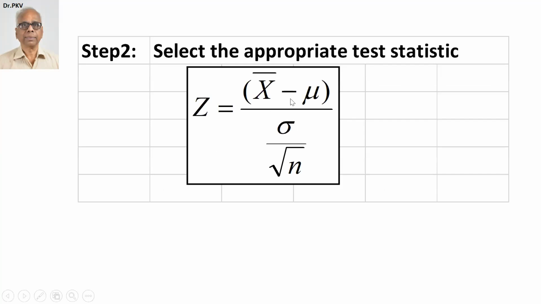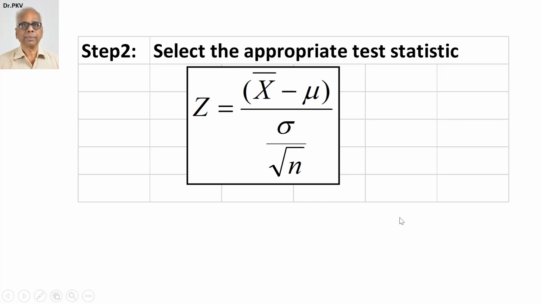So we substitute X bar equal to 248.5 grams, mu is equal to 250, sigma is 4.8, n is 36. Under the null hypothesis being true, we substitute mu is equal to 250.